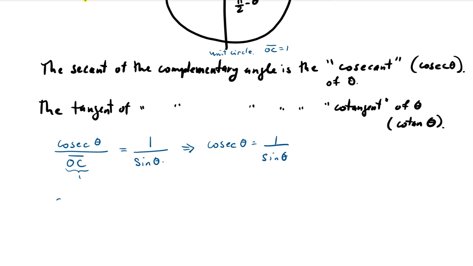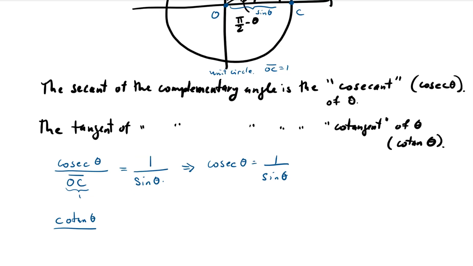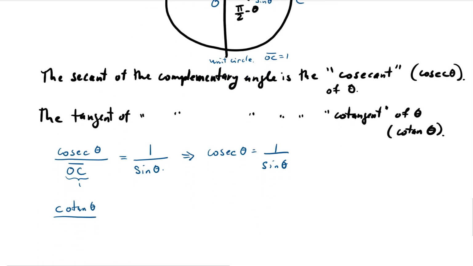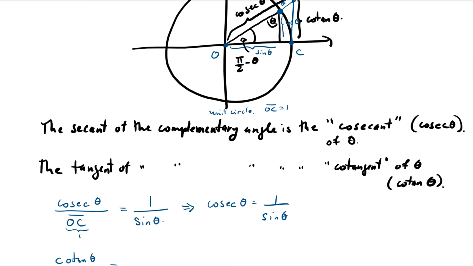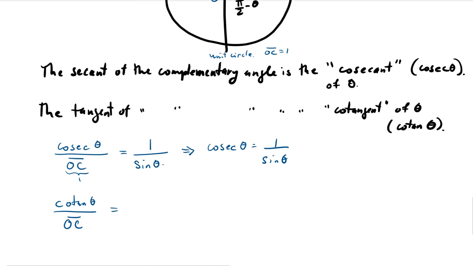And if we look at cotangent of theta, that's the height of the larger triangle over the base OC. That's in the same ratio as the height of the smaller triangle, which is cosine, over the base of that smaller triangle, sine.